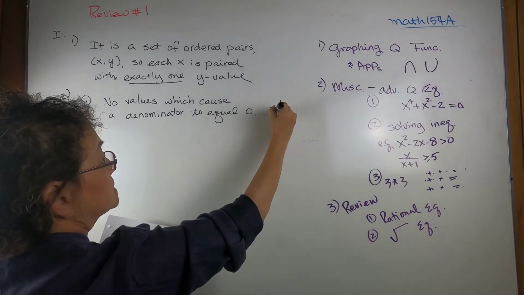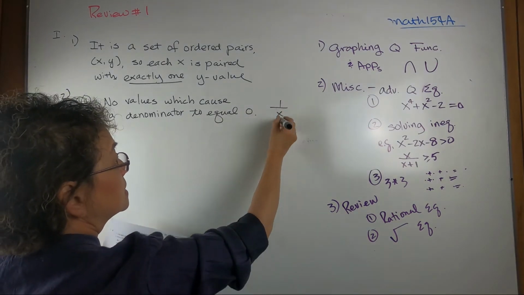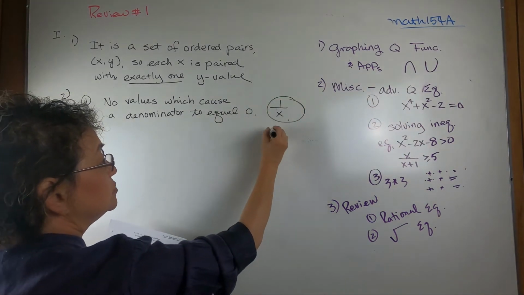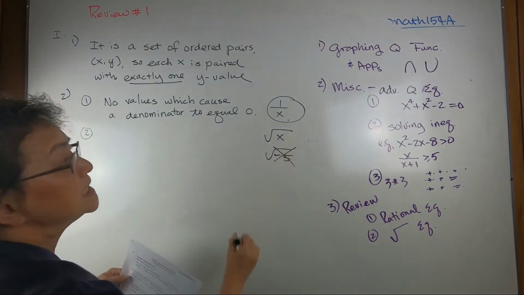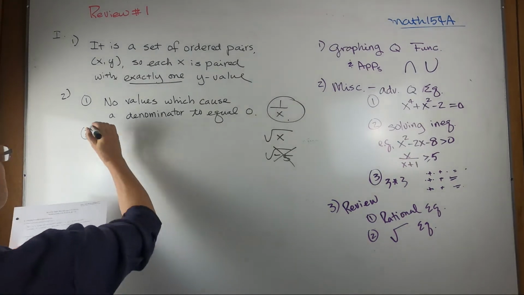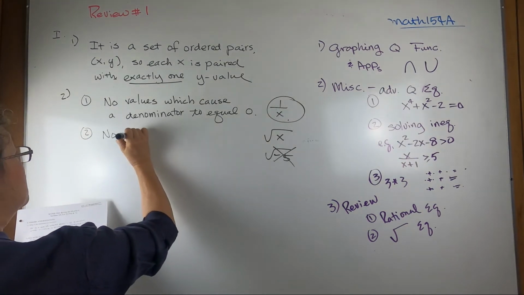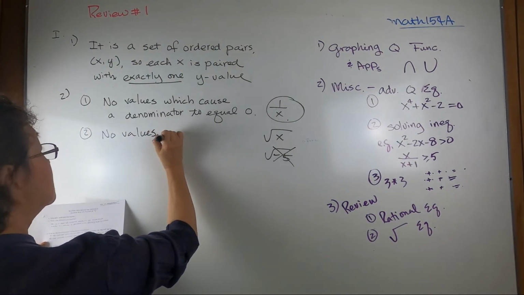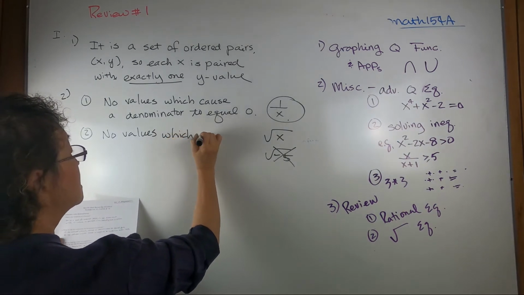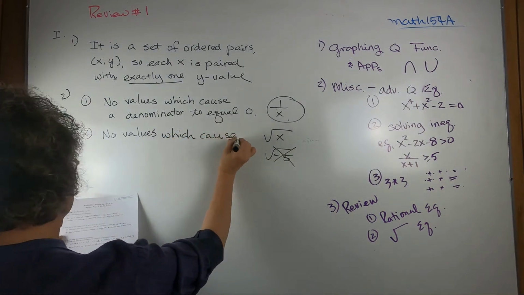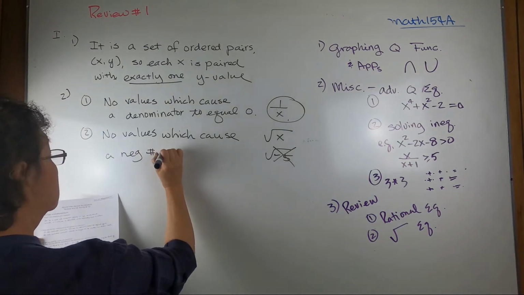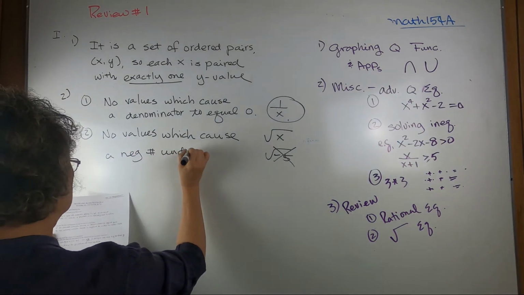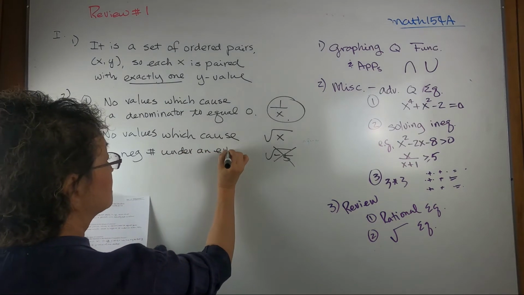Also, things like this, right? And for fractions. Another one is for the even root inside, we cannot have a negative number. So no values which will cause a negative number under the even root.